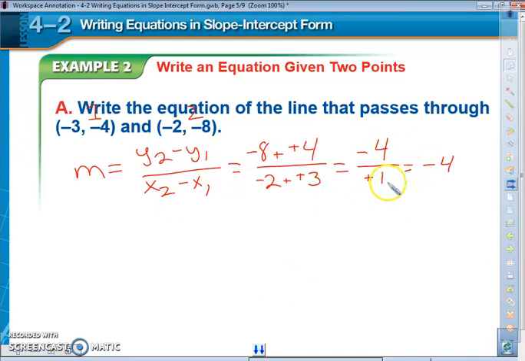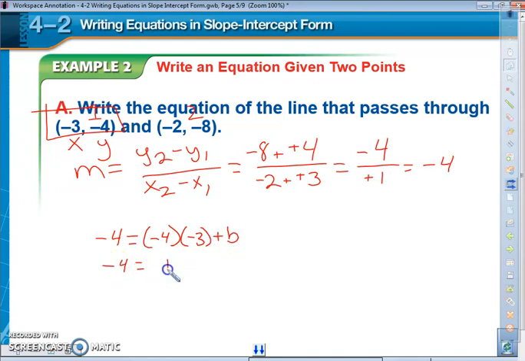Now that we've got our slope, we're able to go back and put that in just like we did before by just picking one of these. I'm going to pick this point right here. I've got my x, I've got my y. -4 equals -4 times -3 plus b. So -4 equals 12 plus b.